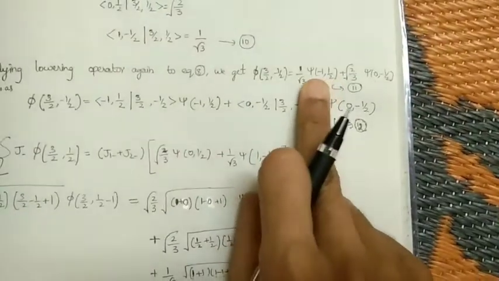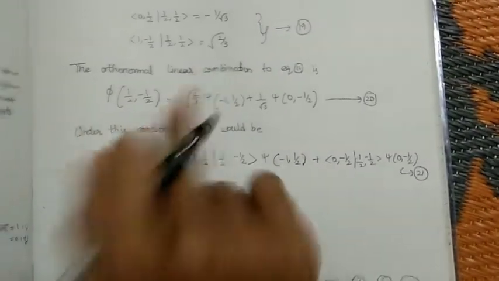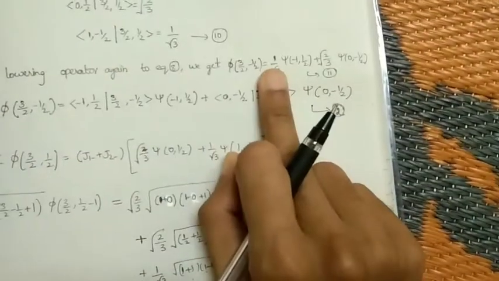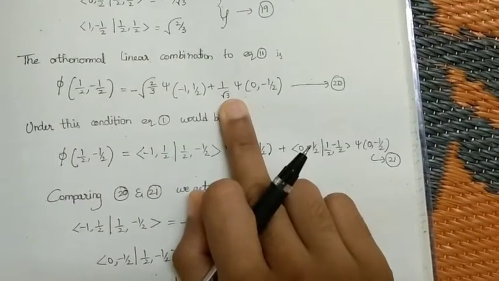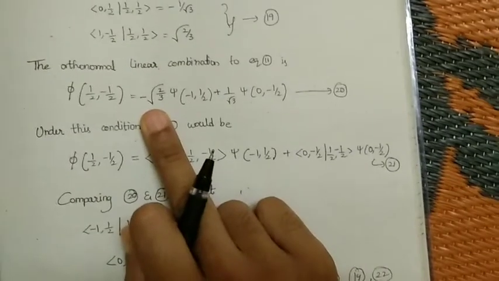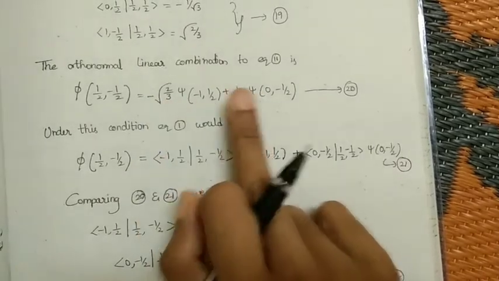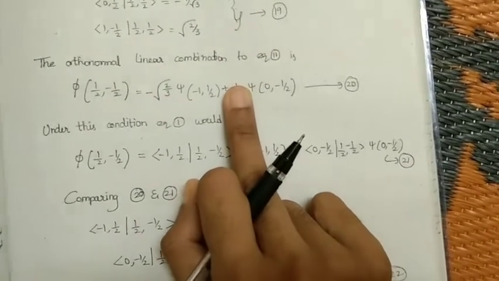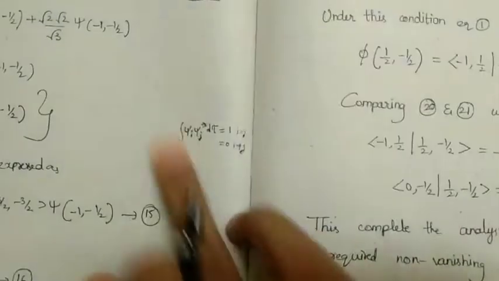So this coefficient is multiplied with the corresponding coefficient, and we get minus root 2 by 3 plus root 2 by 3. Both of them cancel and we get 0, based on the orthonormality condition which we should satisfy.